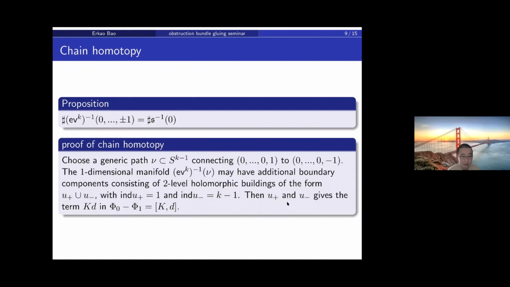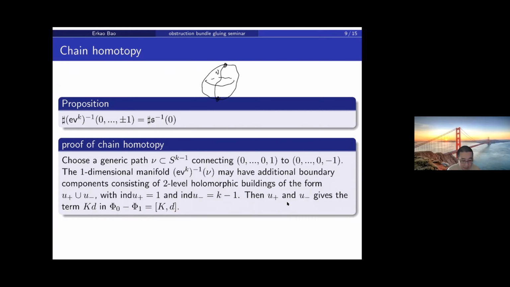So let me draw a picture. Inside the sphere, you have the north pole and the south pole, and then you choose a generic path nu that connects them, and you look at the pre-image of nu under the evaluation map.